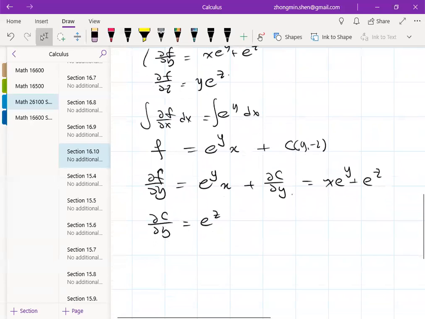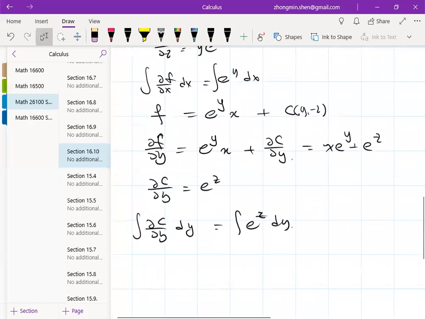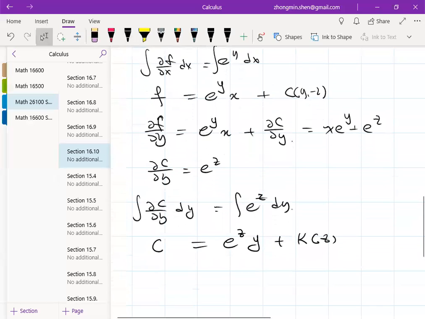Then you integrate with respect to y, and the same story here. The other side is e to the z times y plus, let's call it k, but k depends on z. Because this time c is a function of y, z, and you integrate with respect to y by fixing z. So the constant actually depends on each fixed z.